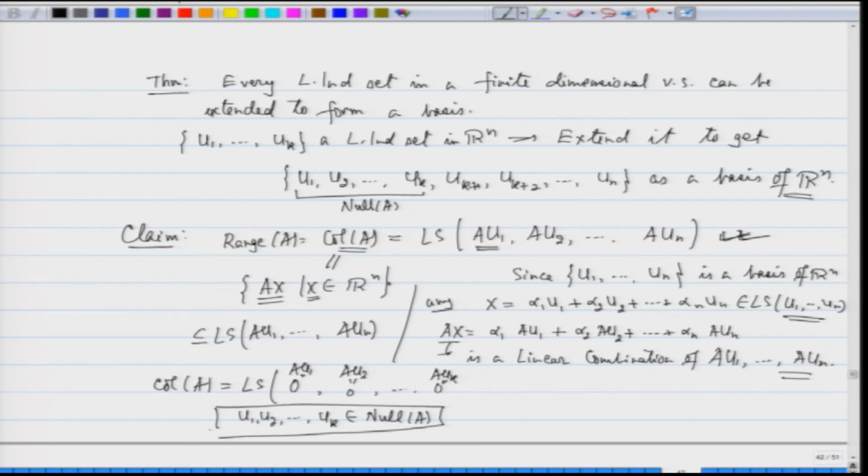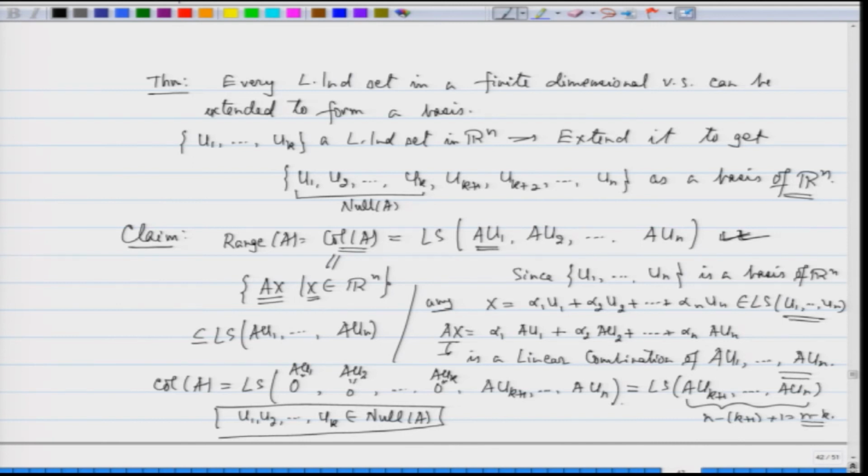So, A times those Ui's is 0, the rest I do not know what they are, so they will remain as they are. Therefore, the column space is generated by the linear span of A of Uk plus 1 till A of Un. How many vectors are in this set? N minus (k plus 1) plus 1, which is n minus k.